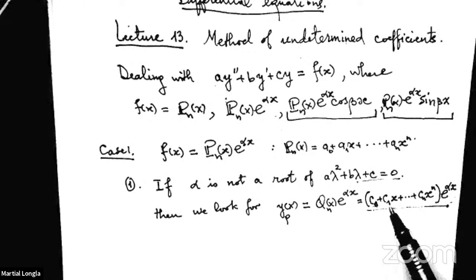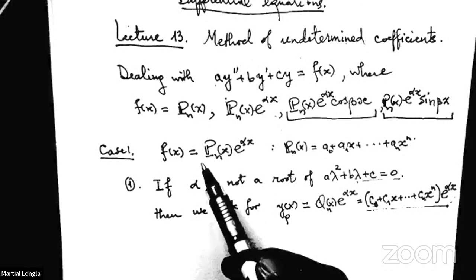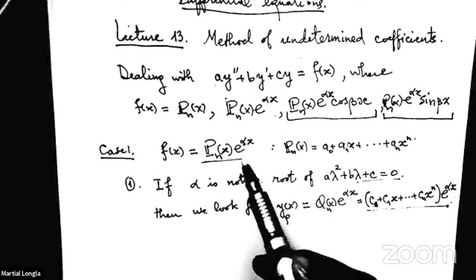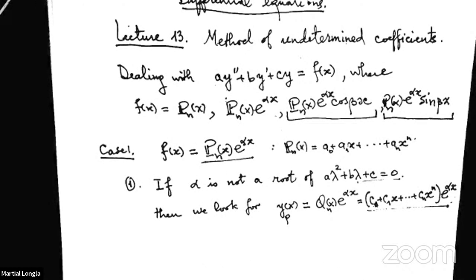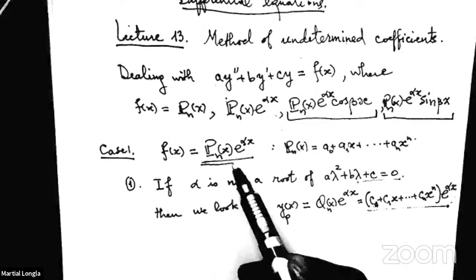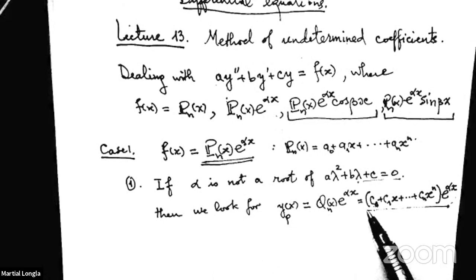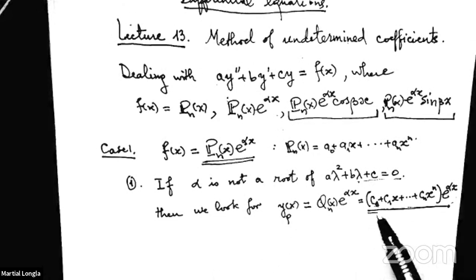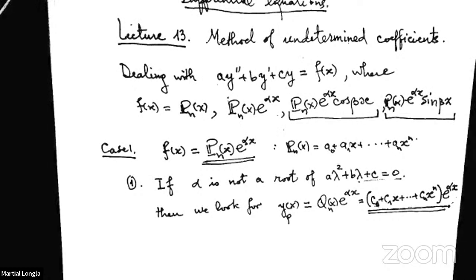And these coefficients are thus the undetermined coefficients that we are talking about in the method. You don't know them, and then you are looking for them through the equation given the form of the right-hand side that you have. So the form of the right-hand side tells you what kind of function you want to try as solution.